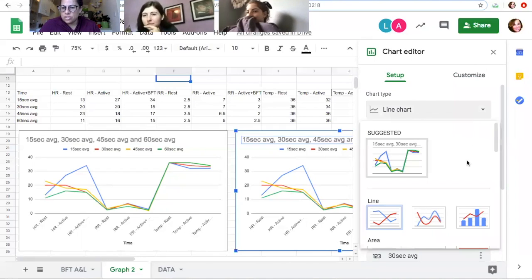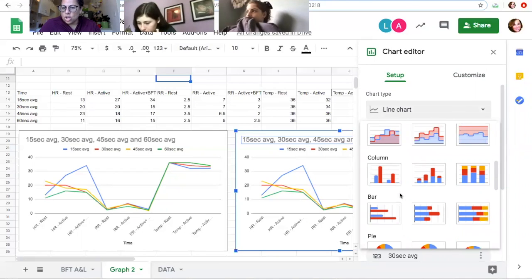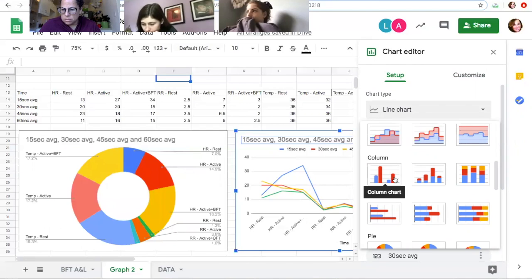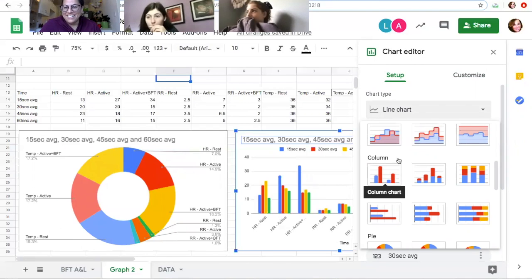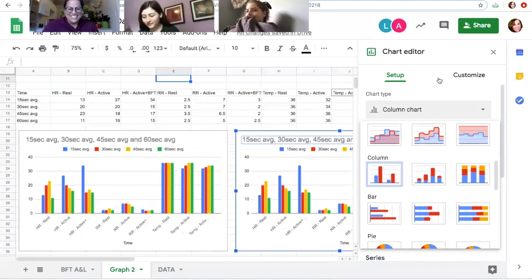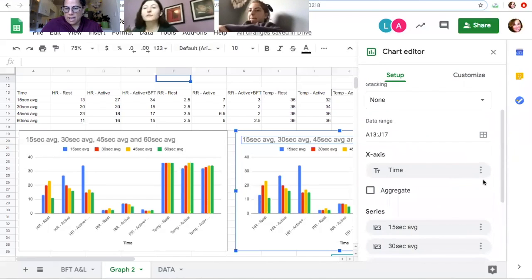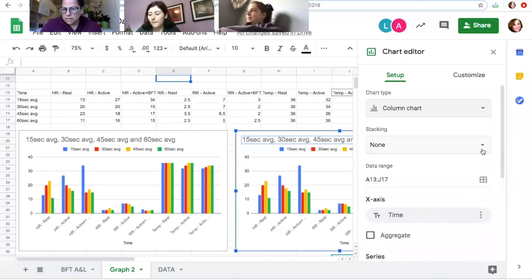Go up and change the chart type to column. Oh no. Okay, we got one of them. Somebody else has just a beautiful pie chart. There we go. Okay, and you can close that little guy. Then we really need x-axis.